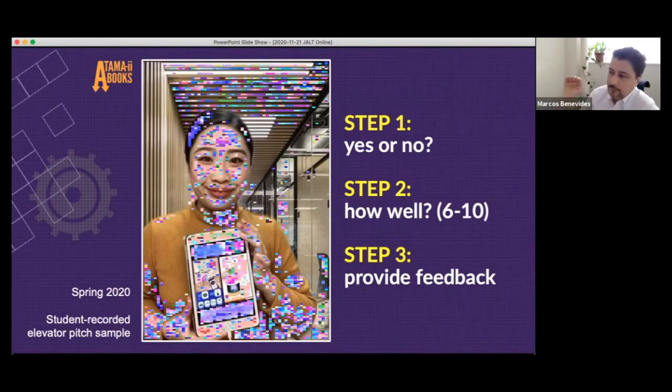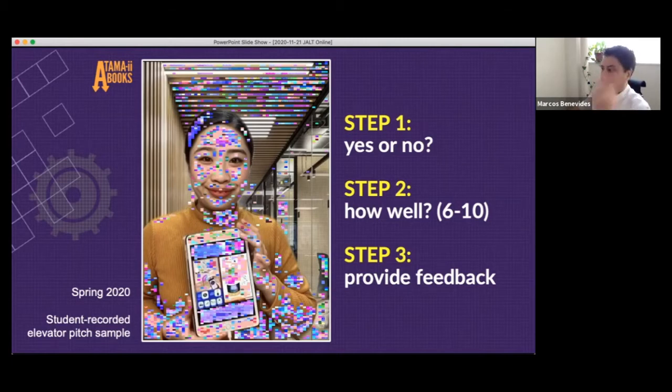If you follow this assessment procedure, steps 1, 2, 3 here, it's actually quite easy to judge the adequacy of the performance for high-level students as well as low-level students, because low-level students can still do this. They may have bigger problems with pronunciation and so on, but they can still practice. They can write a script, they can rehearse many times, and they can put out something that is actually quite good. I'll show you an example of a lower proficiency level student a little bit later.